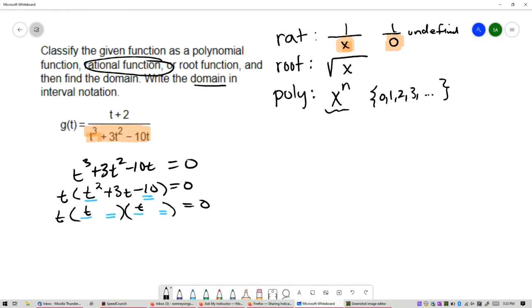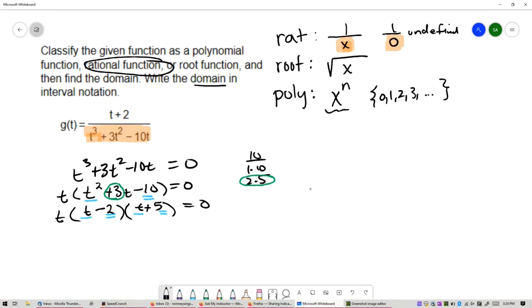Factors of 10 are 1 times 10 or 2 times 5. 2 and 5 could create the middle term of 3. So we're going to use the 2 and the 5. We want a positive on the 5 and a negative on the 2. And we have the correct factorization. You may want to double check here.